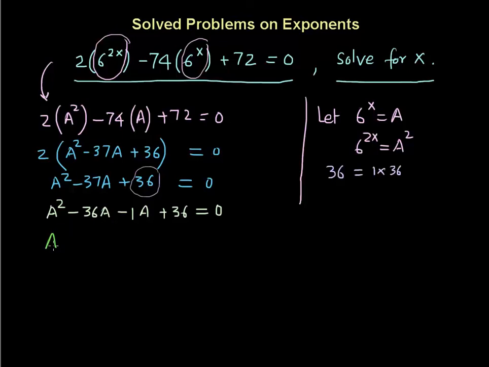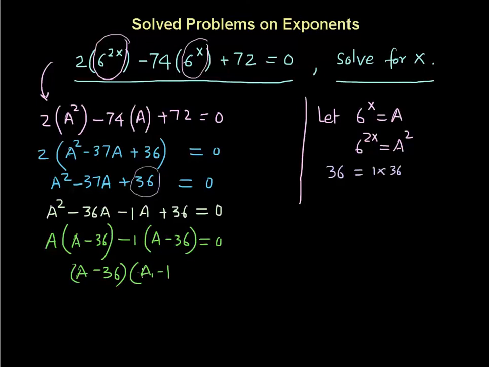So if I take a outside here, and what I get here inside, a minus 36, and then I can take here again 1 out, and what I get here, a minus 36 equal to 0. So basically a minus 36 and a minus 1, these are two factors. So in other words, we have here a as 36 and a as 1, right?